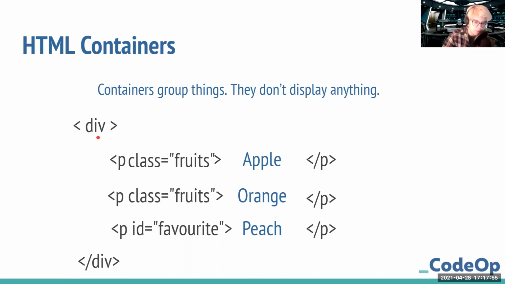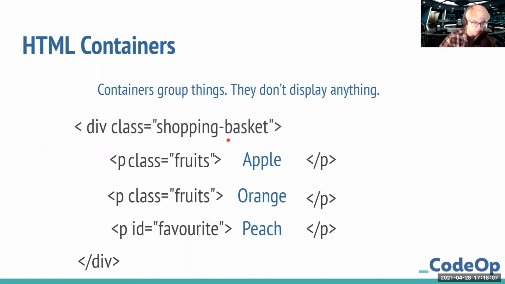So from now on, all these three elements are inside this container. And to target it, I can call it shopping basket with an attribute. So in my code, if I call shopping basket, I will be calling those three elements. They will be part of a group. Okay.